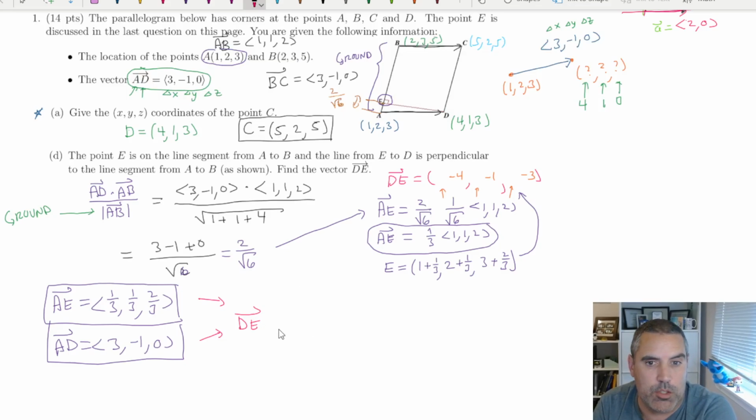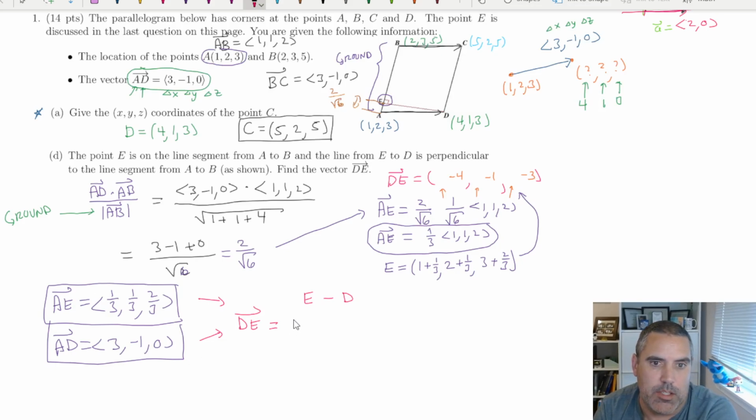So I think the main question was this fact of, if you had the point E and had the point D, you would just subtract. But you can also do it with the vectors. So you can do AE minus AD. It gives you the same changes.